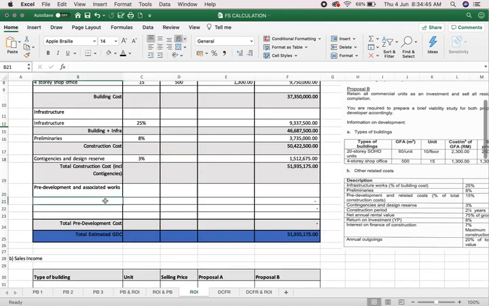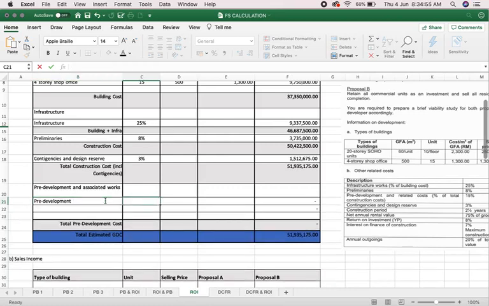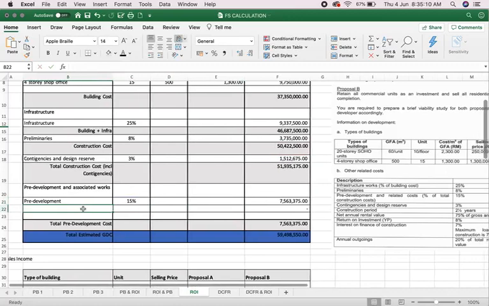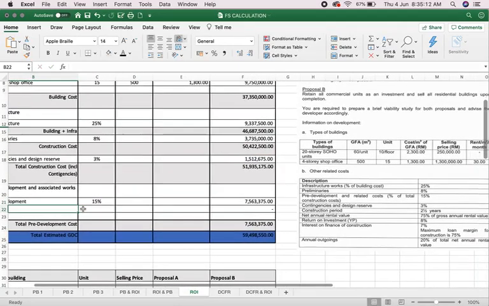Pre-development cost is 15% of the construction costs, just to check, from the construction costs, pre-development. And we have done all this.